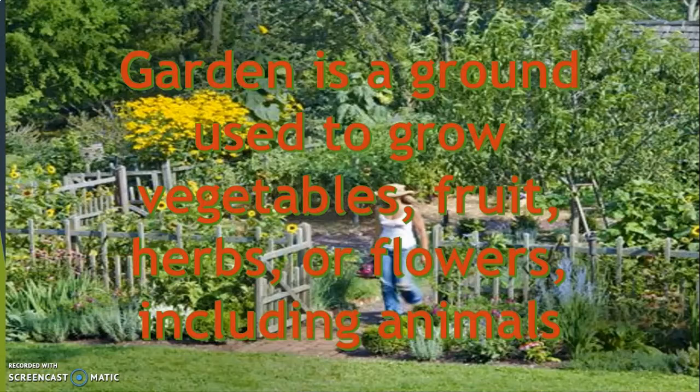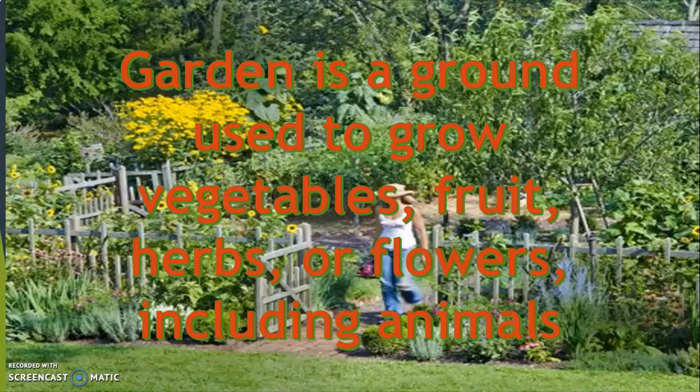Okay. Now, a garden is a ground used to grow vegetables, fruit, herbs, or flowers, including animals. Did you listen? Did you follow, class?